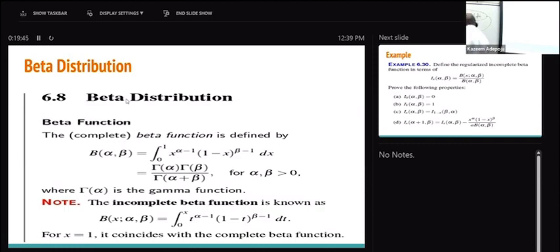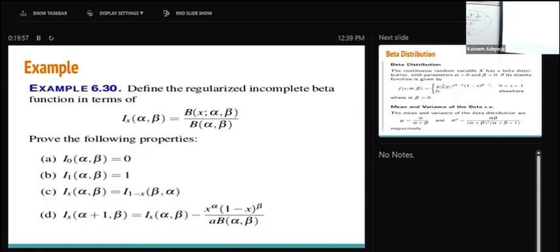This is the cumulative distribution for the beta distribution. Another way to write that, the whole of this ratio, is I_x(alpha, beta).